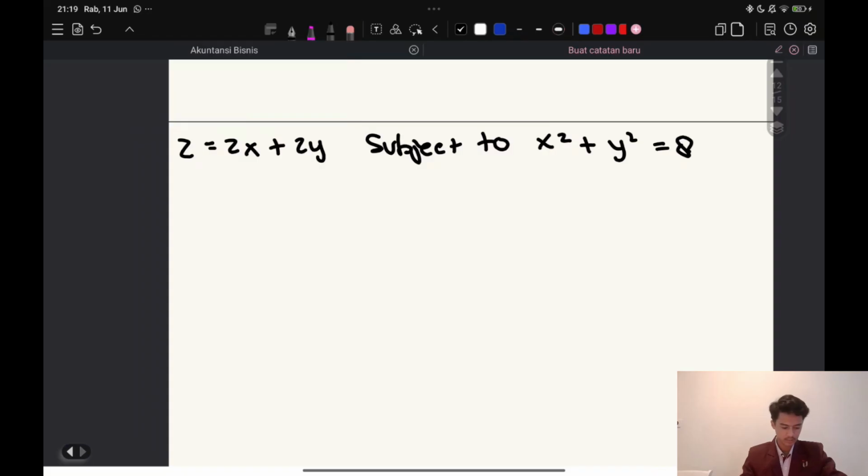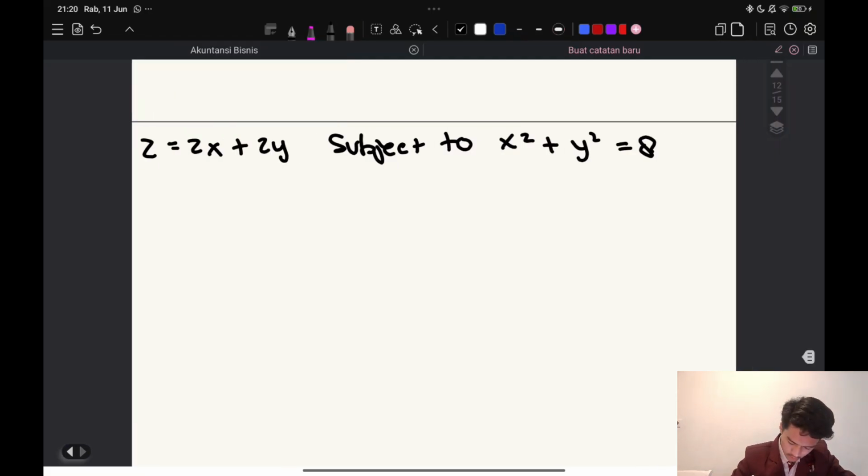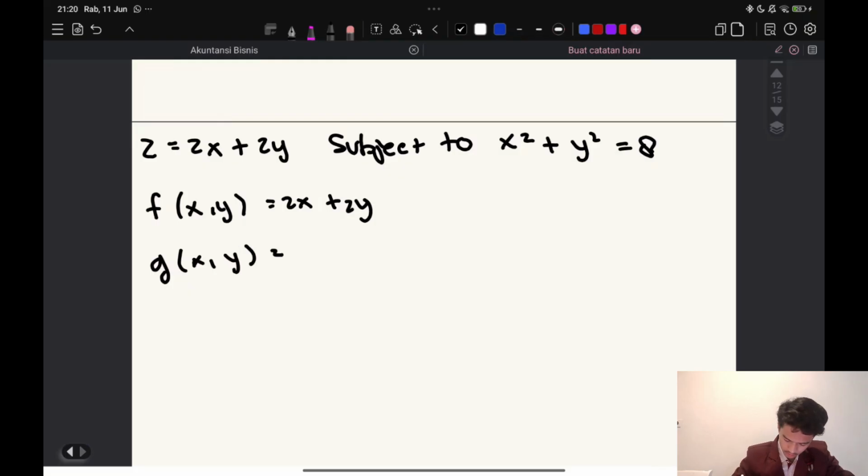For step 1, we define the Lagrange function. First, f(x, y) = 2x + 2y, and then g(x, y) = x^2 + y^2 - 8 = 0.